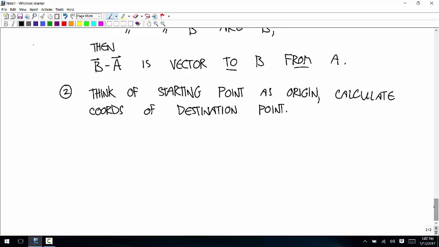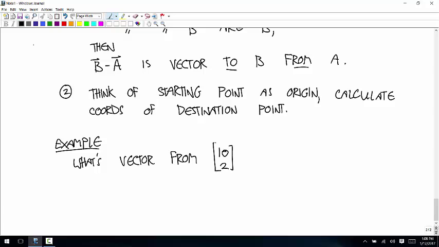Okay, so let me do a couple examples. So first, what's a vector that goes from the point 10, 2 to the point -4, 6?